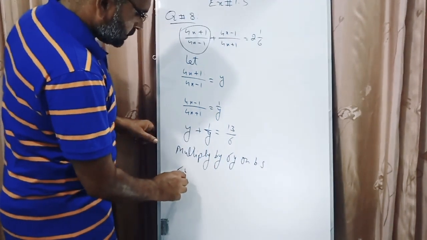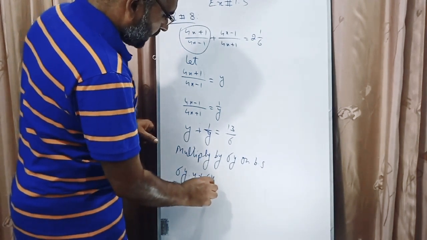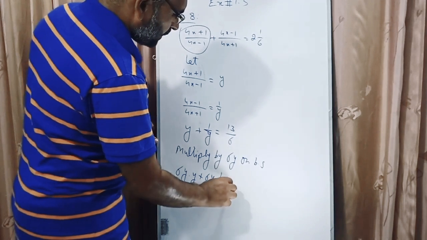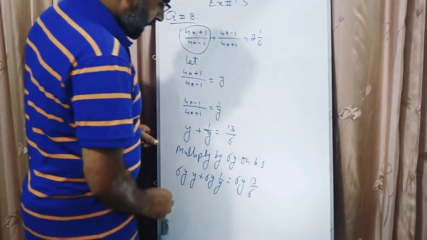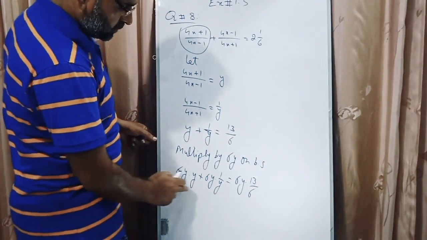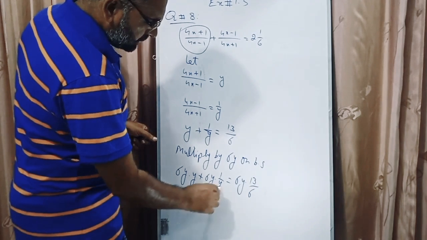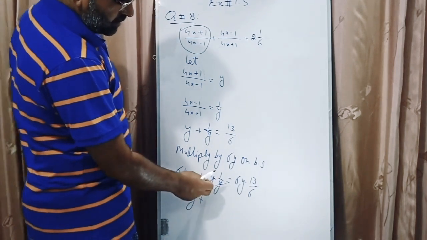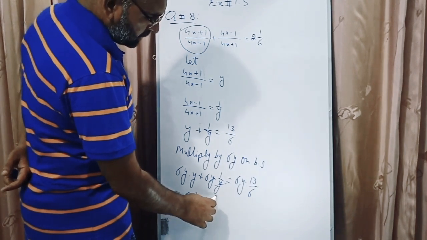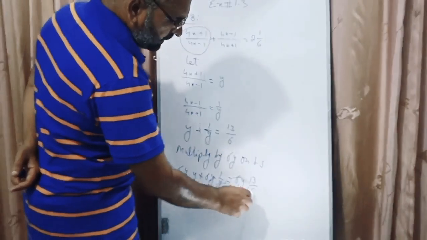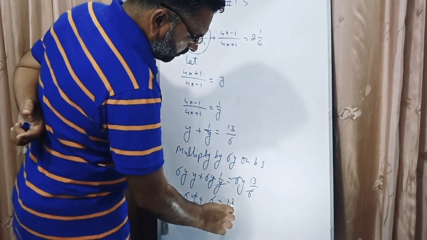So we will get 6y into y plus 6y into 1 over y is equal to 6y into 13 over 6, and we will get 6y into y means 6y square plus this y and this y will be cancelled because one is numerator and this is denominator, and we will get 6, plus this 6 and this 6 will be cancelled and we will get 13y.